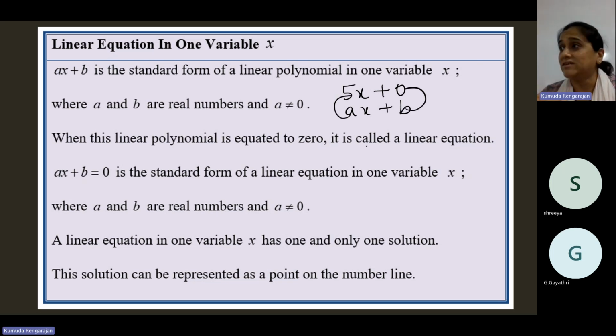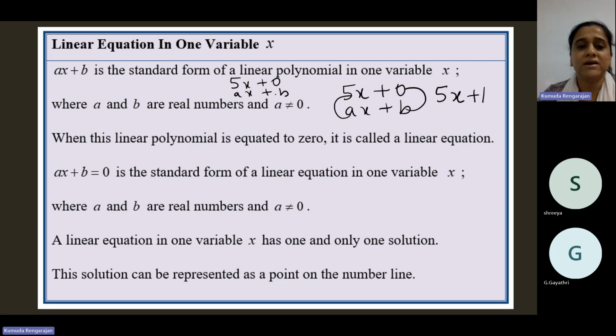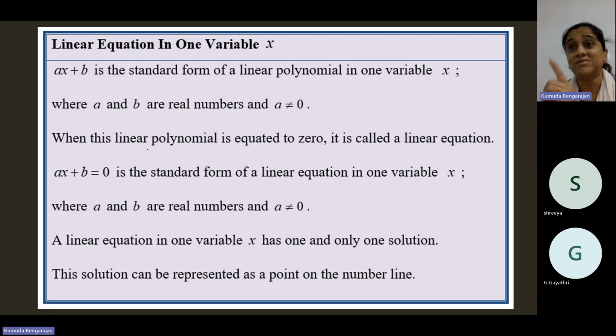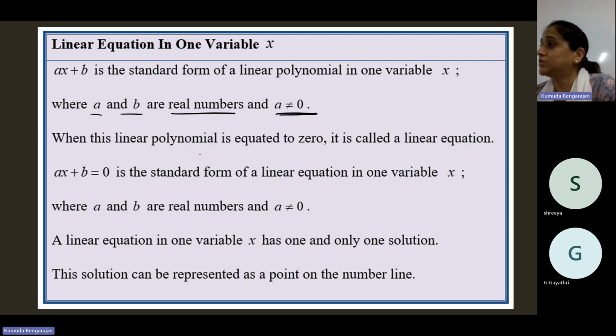Which means b can be 0, a should not be 0. That's why the condition is that a and b are real numbers, and a should not be equal to 0. All right.